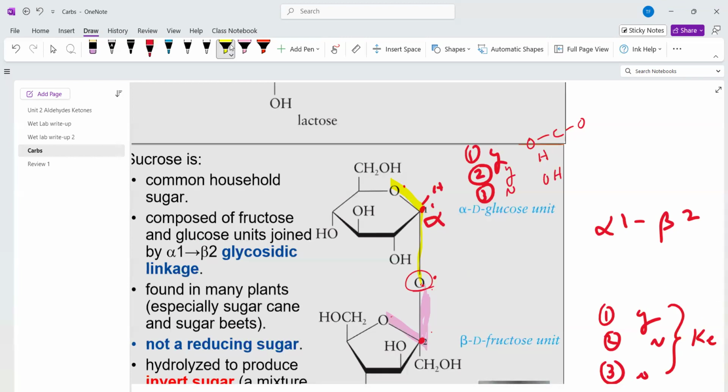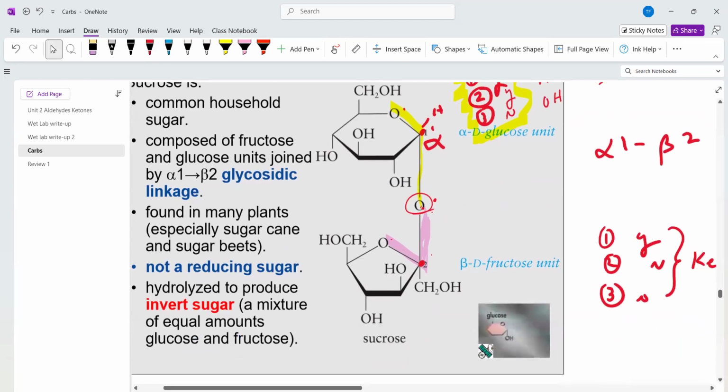This would be the yellow one. So this means it is a full-blown acetal. Since there's no OH, it can't be a hemi. And because an H is present, it's an acetal.